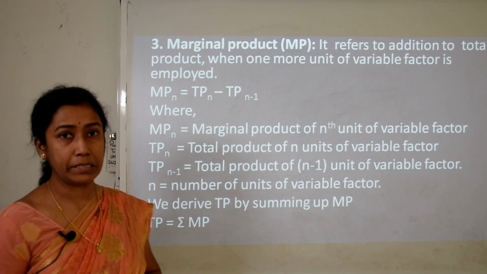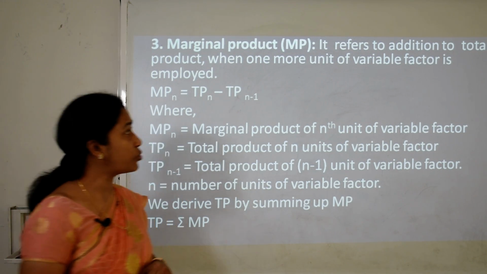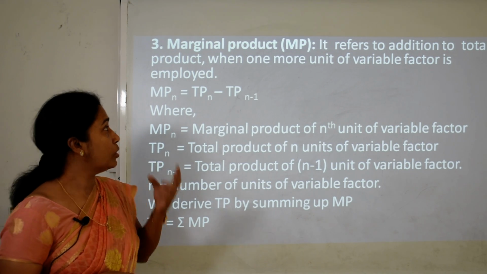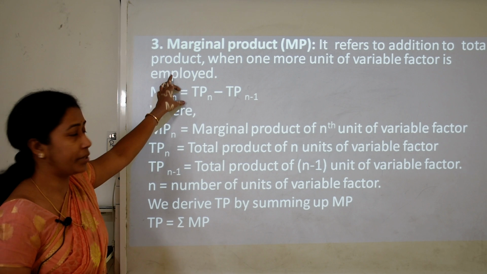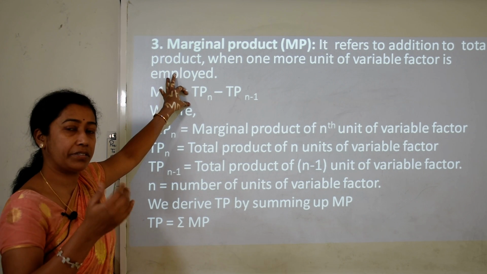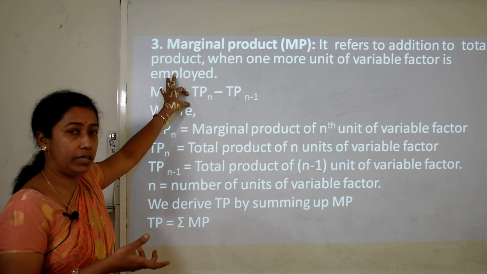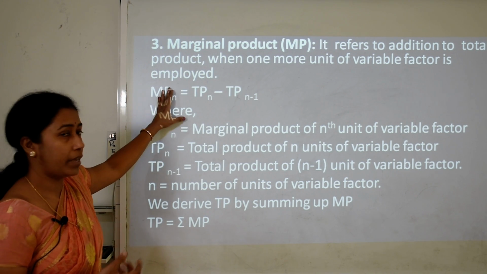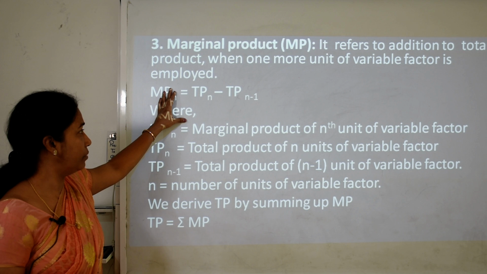Now the third topic is marginal product. Marginal itself means something which is added. So it refers to addition to total product. Any further or successive addition to total product when one more unit of variable factor is employed is called marginal product.